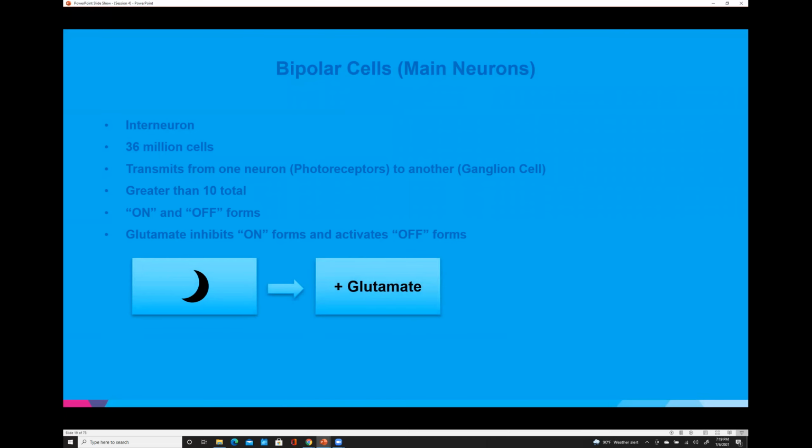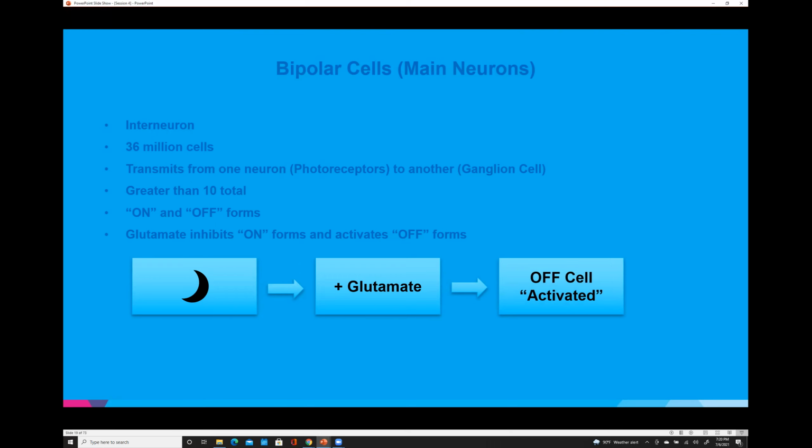Why? Because the photoreceptor is active. As we said, activation of the photoreceptor occurs when it is dark, thus secreting glutamate. Well, if that glutamate is going to activate one of the two bipolar cells, it makes sense that it would be the off cell, because off in this case is actually referring to light.